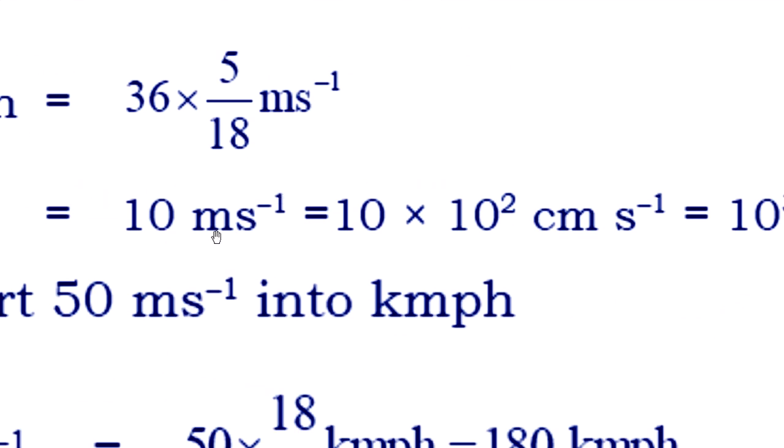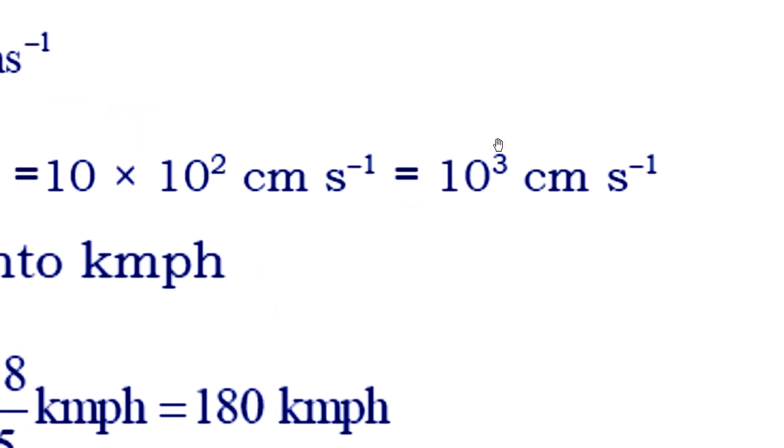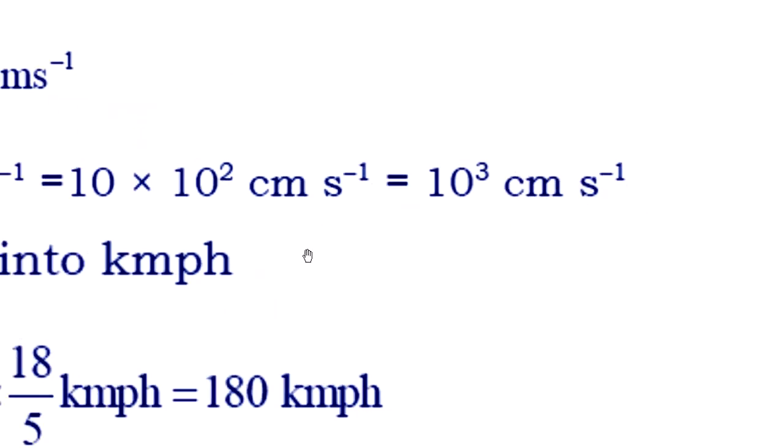But 1 meter equals 10 square centimeter. In the place of meter, we can write 10 square centimeter. Second, we will keep like that only. So 10 into 10 square means 10 power 1, 10 square, 1 plus 2, 3.